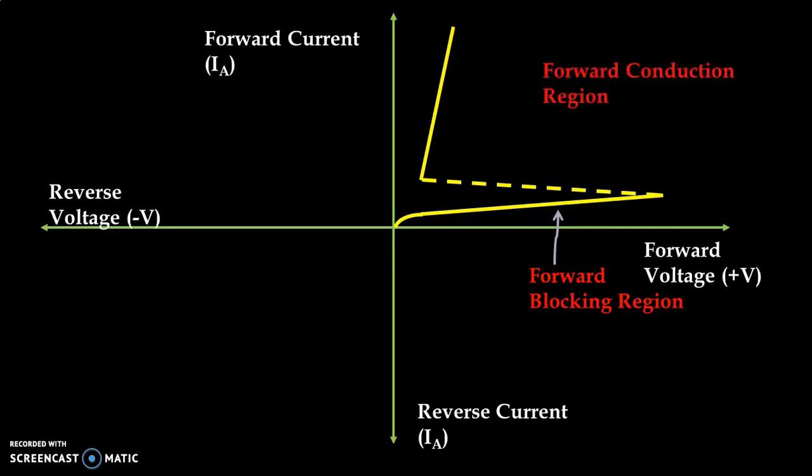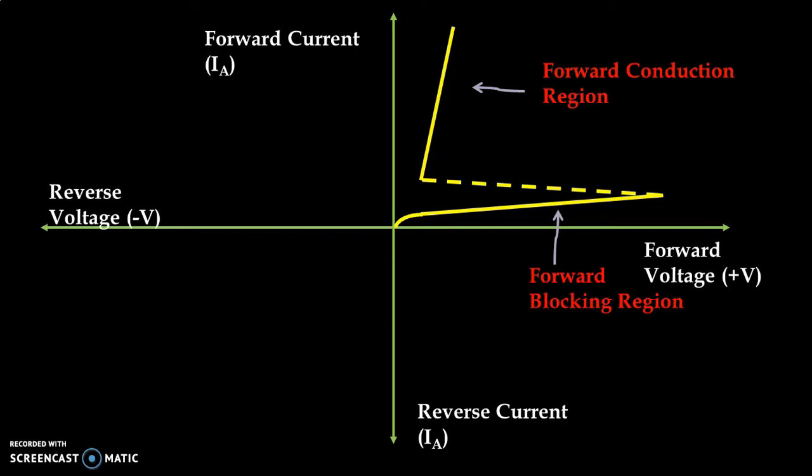That is the on state of the SCR, and it is known as the forward conduction region. A high value of current flows between anode and cathode after junction J2 becomes forward biased, and the series connected load only controls the value of the anode to cathode current.